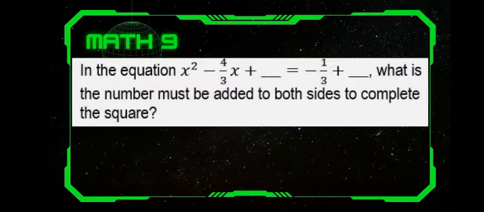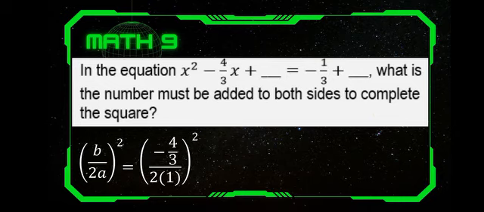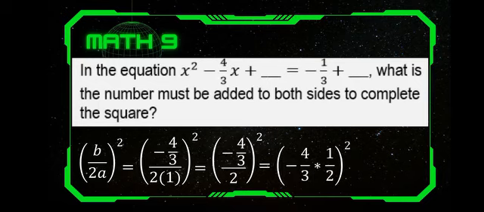Then here, given the equation, what is the number that must be added to both sides to complete the square? We will use the formula (b over 2a) squared, where b is negative 4/3 and a is 1. Simplify further, that is negative 4/3 over 2. Keep, change, flip. So 2 becomes 1/2. Divide becomes multiply, and keep your negative 4/3.